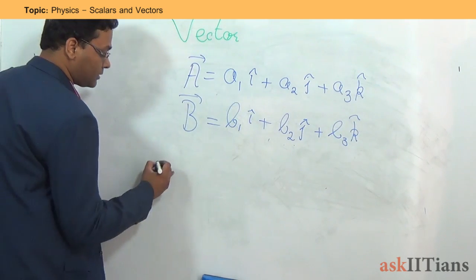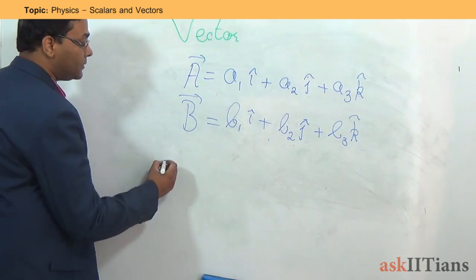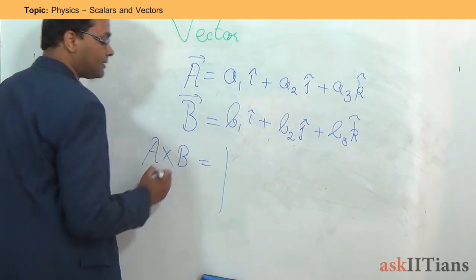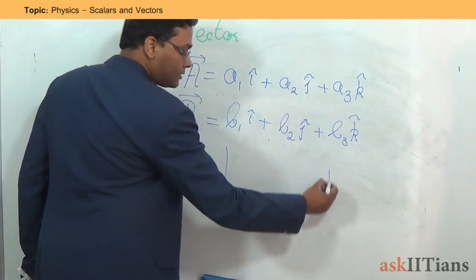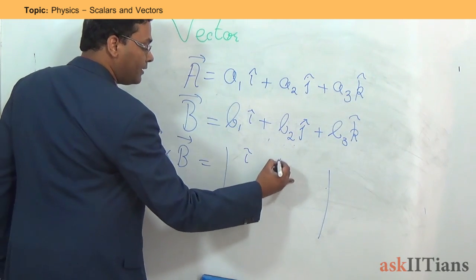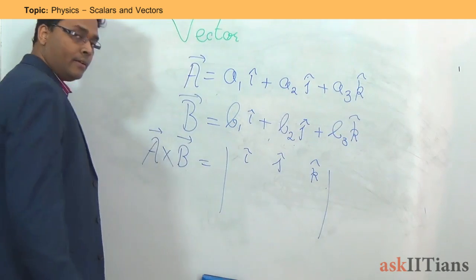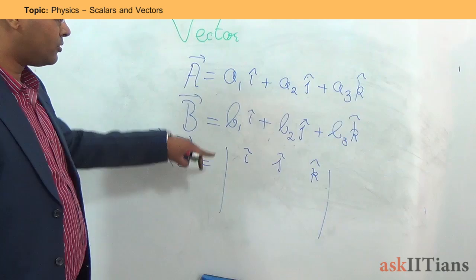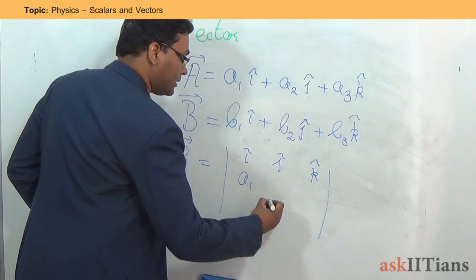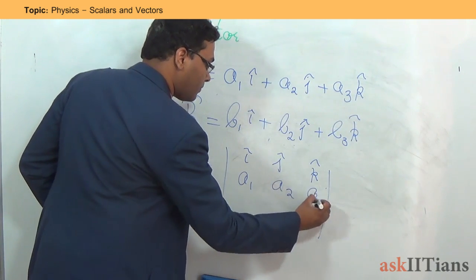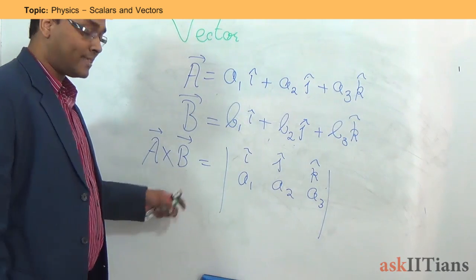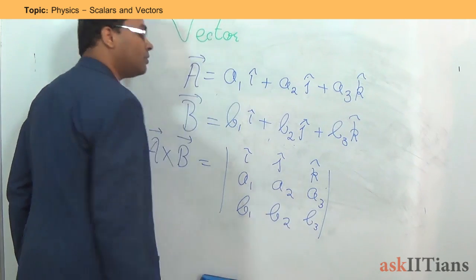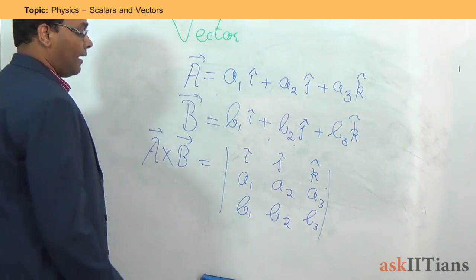So the cross product, A cross B, we write like this: first we place i, j, k, the unit vectors, then whichever vector is the first one, its components have to be placed first, so A1, A2, A3, then the components of the second vector, B1, B2, B3, okay?